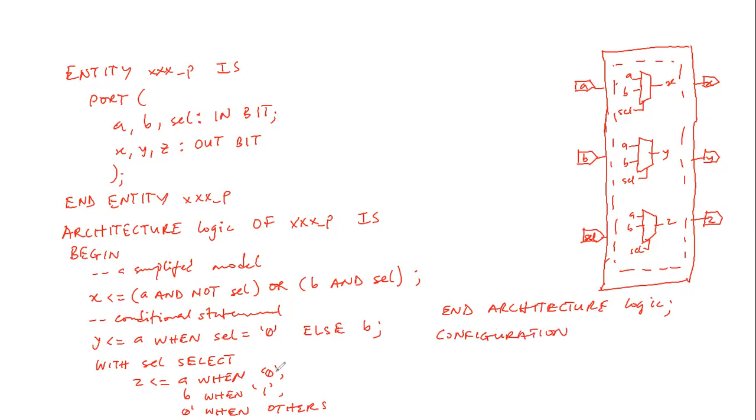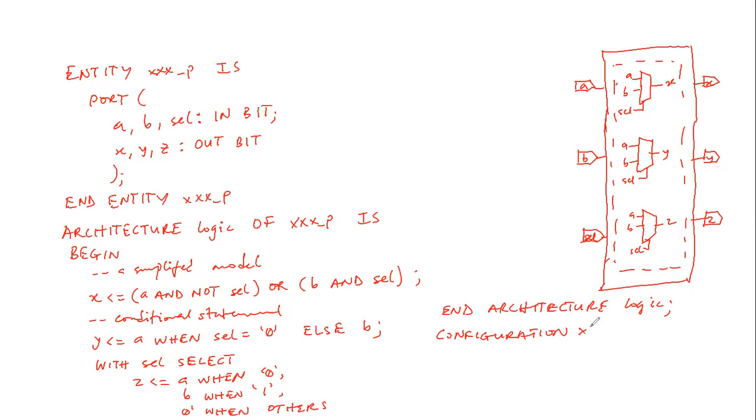So we now say configuration again, that's the keyword, configuration. Now we have to assign this configuration to the name of the entity. So we are looking at the configuration of our entity. The configuration needs a name.